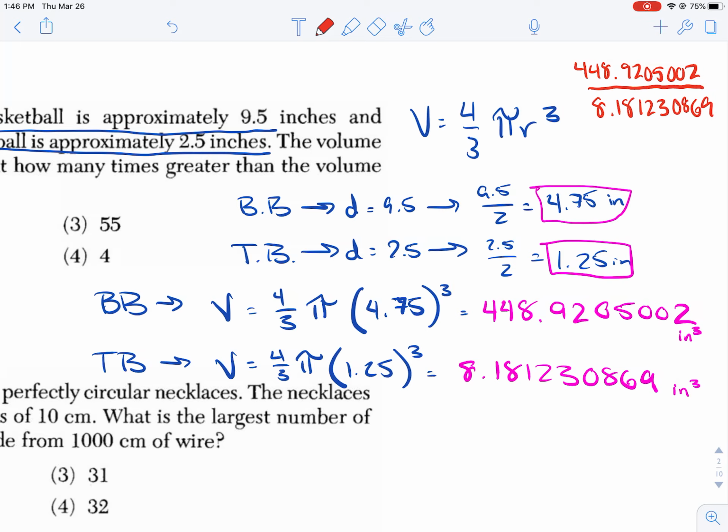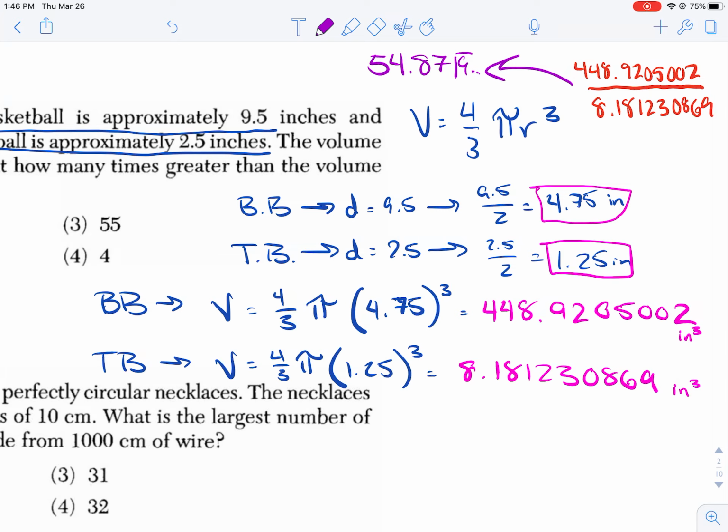Right? And you should get an answer of 54.87199 repeating. Okay?